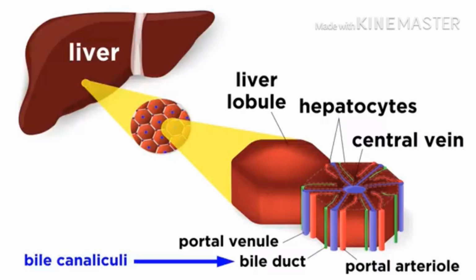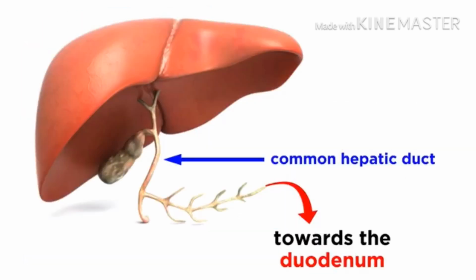Bile flows through canaliculi towards the bile duct in the portal triads, eventually leaving the liver through the common hepatic duct towards the duodenum.